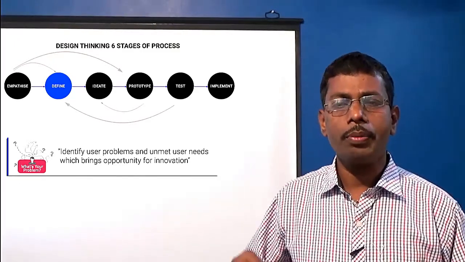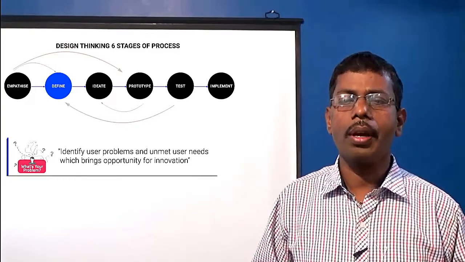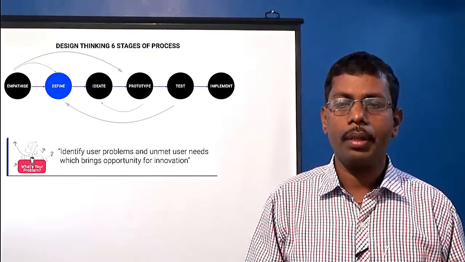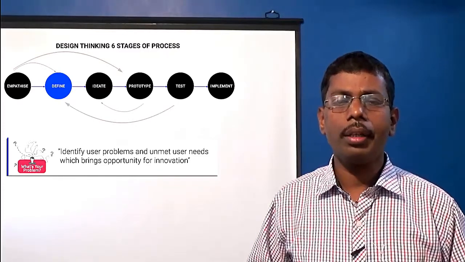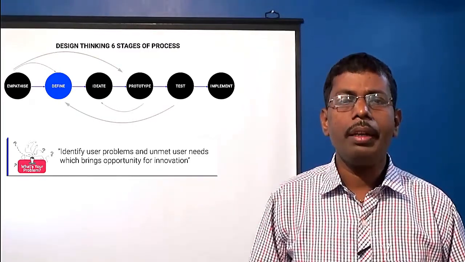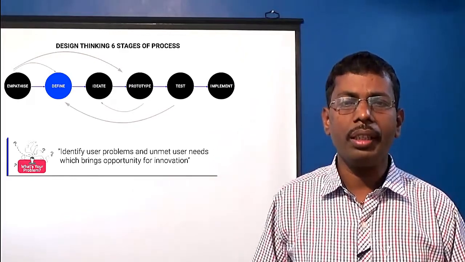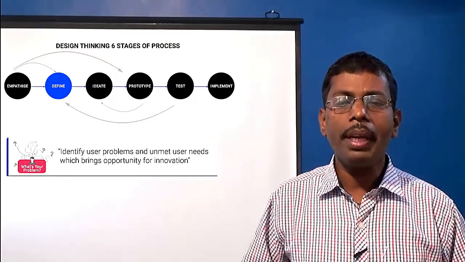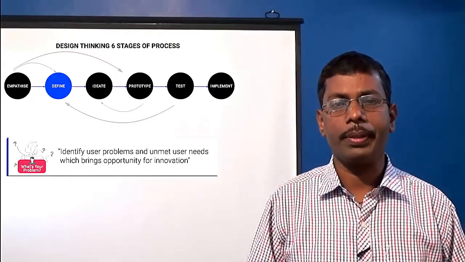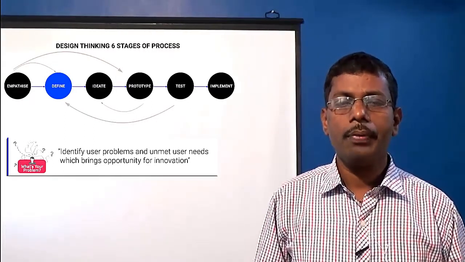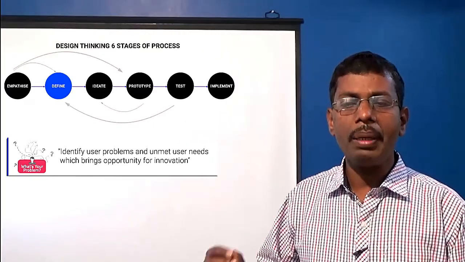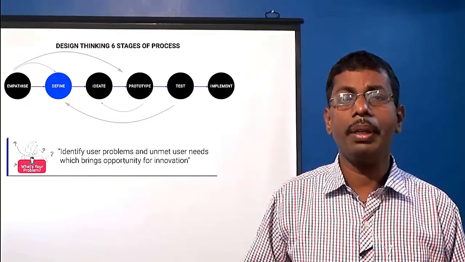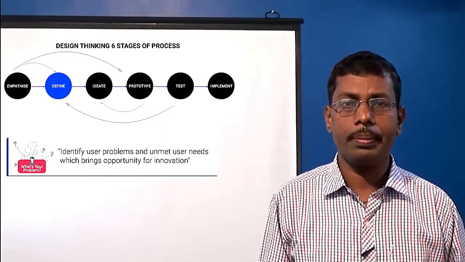Organize all your observations and draw parallels across your user interactions throughout the time span. You can create a customer journey map in which we can map user thinking, feeling, needs and feedback, which will bring opportunities for innovation. We need to find whether there is a common pain point across many different users, or unmet users' needs.